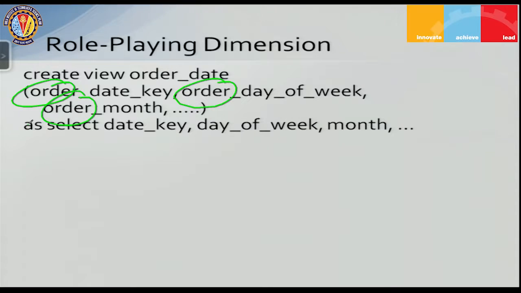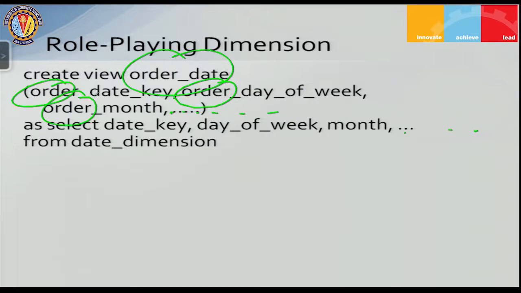As select date key, day of week key, day of week and month, and so on from the date dimension. I may have some other attributes here, so accordingly I'll put them here. So I have created a view, order date.